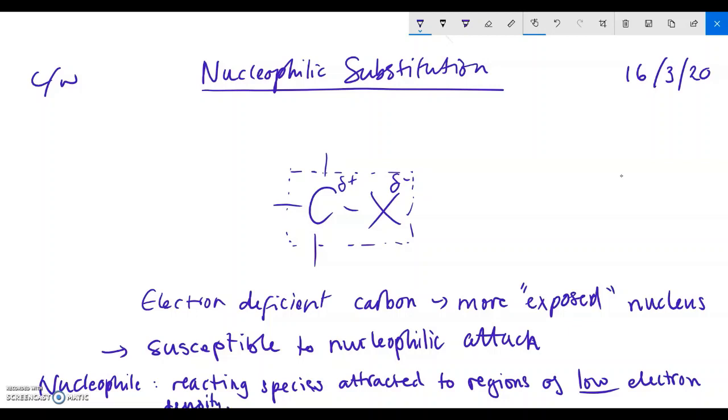Nucleophiles will often have negative charge, but not always. The key thing that a nucleophile needs in order to effectively act as a nucleophile is a lone pair. So they will pretty much always have lone pairs, and they are sometimes negatively charged.